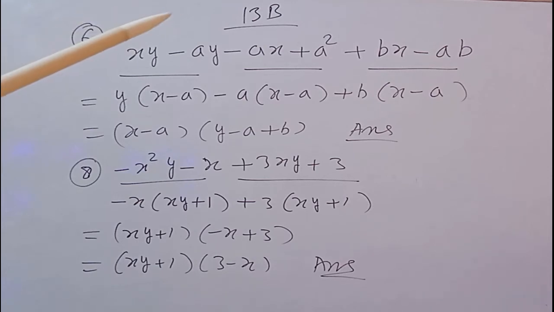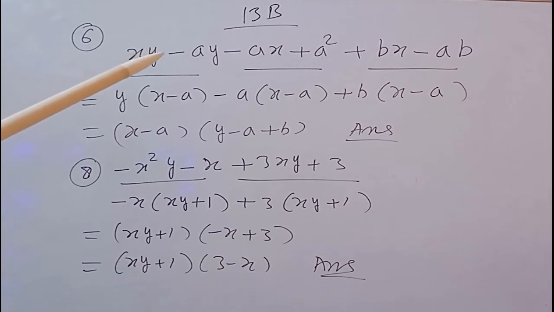In the third pair we have b common, so take b common, and in the bracket we get x − a. In the second step, whenever we see x − a in all the terms, x − a is taken outside. So in the second bracket we get y − a + b. In that manner you can factorize question number 6.